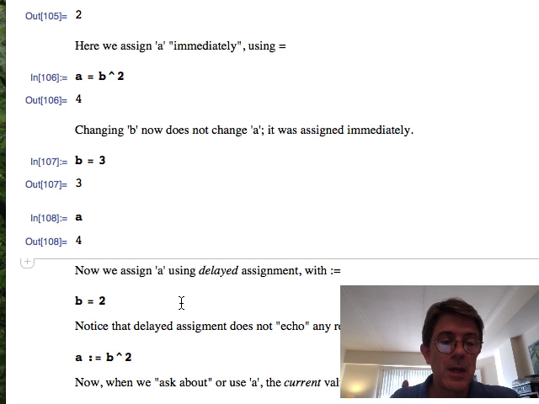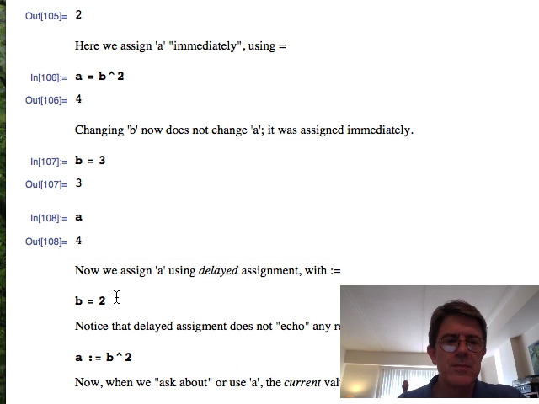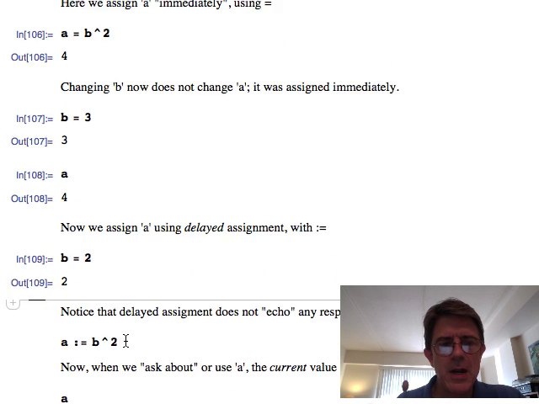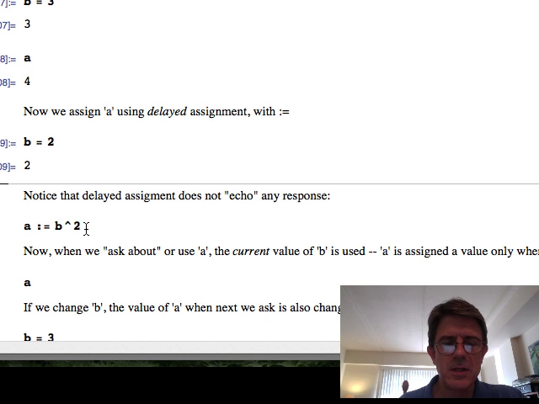However, I might like a to be assigned so that it's b squared whatever b is. And if b changes, well, then a should change. So now I change b back to 2. And I'd like to assign a so that it's equal to b squared whatever b is. And with that, we use what's called delayed assignment.